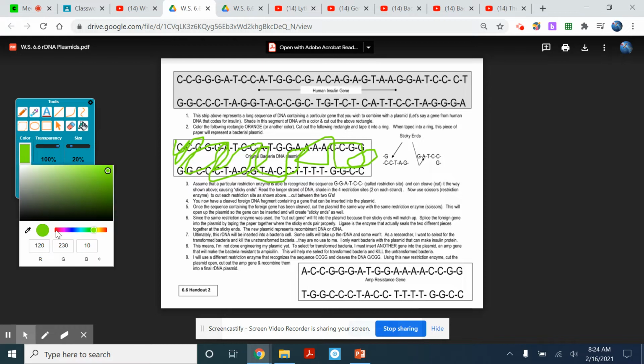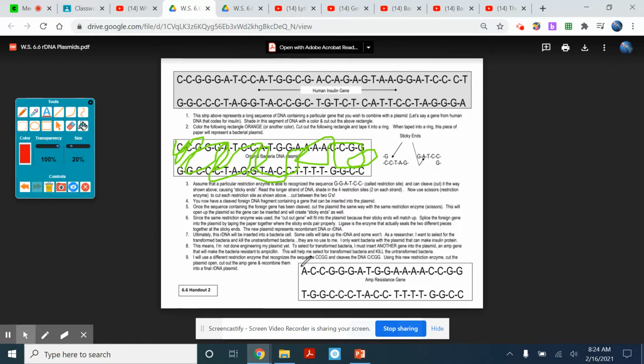And then I want you to grab a different color and do the same to this down here. And we don't have to shade in this top piece of DNA. It's already kind of shaded in anyway. And I just want you to be able to see 3 sections of this plasmid that we are going to engineer.